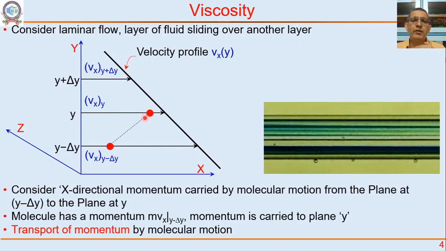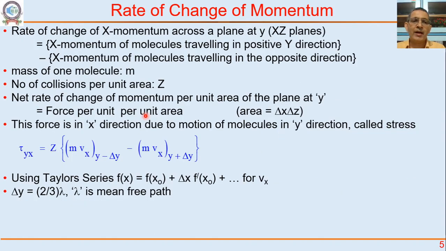Same way, when molecules transfer momentum, they are causing a force in the same direction in which they have a momentum. We are talking about the x momentum. So therefore this is a force in the x direction, and it is not called pressure, we call it a stress.